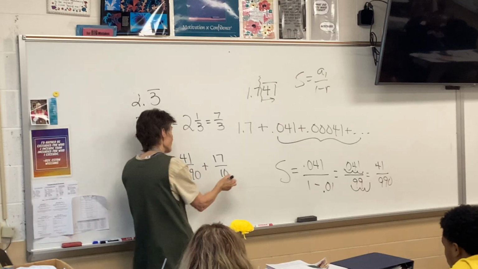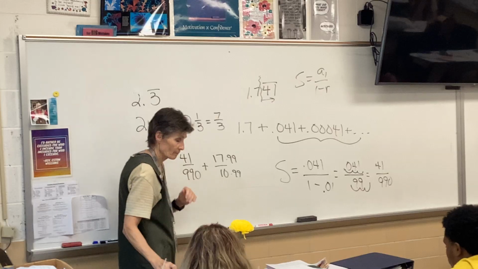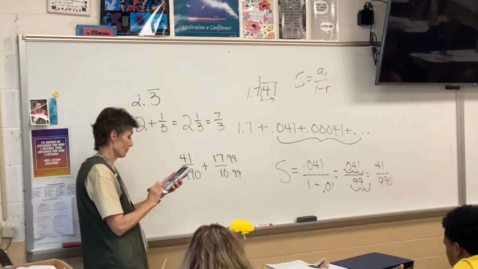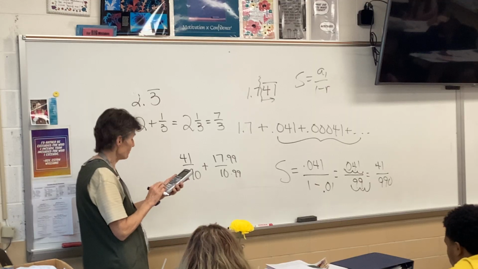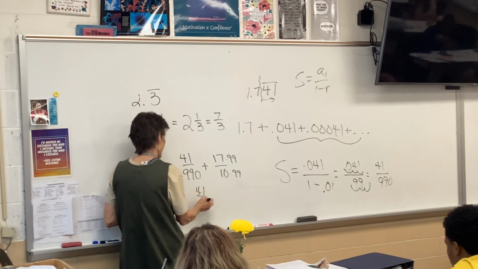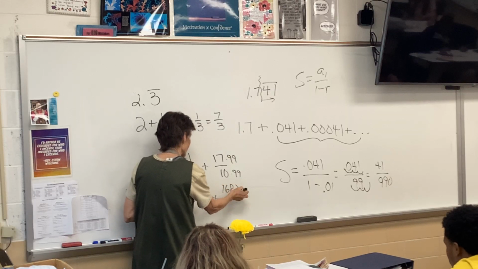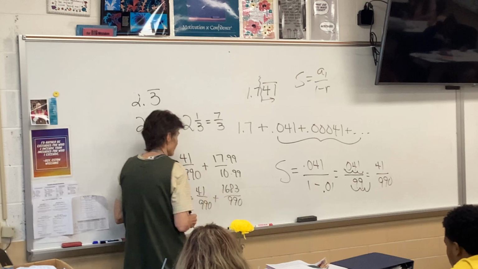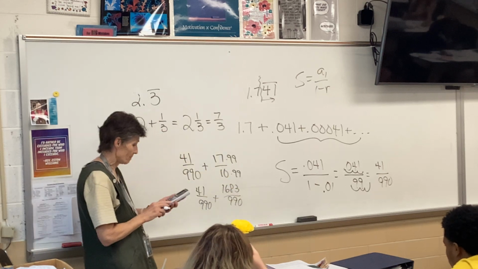So I'll get a common denominator. That is 41/990ths plus 1683, multiplying by 99 to get a common denominator.